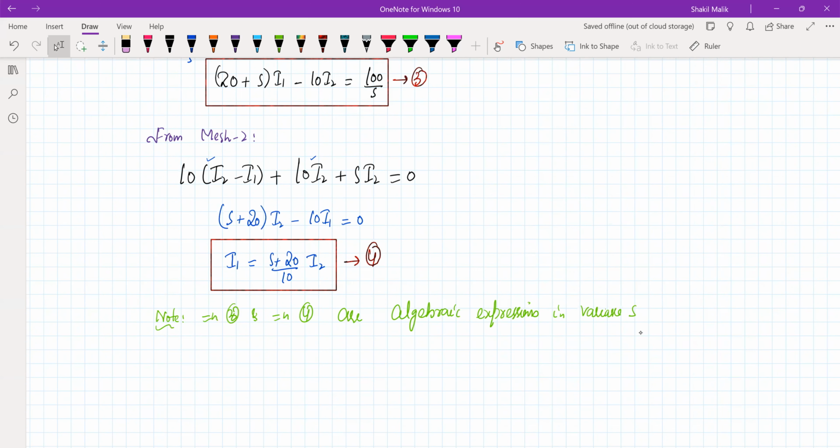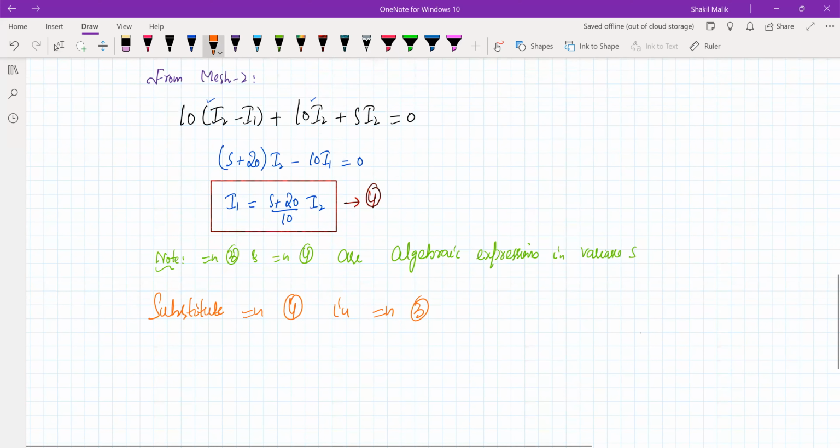So how do we get the value of I1 and I2? We'll use substituting equation 4 in equation 3.